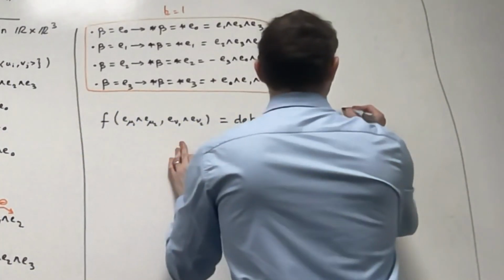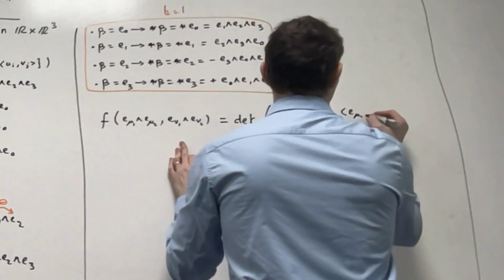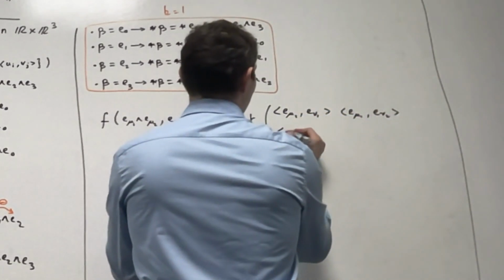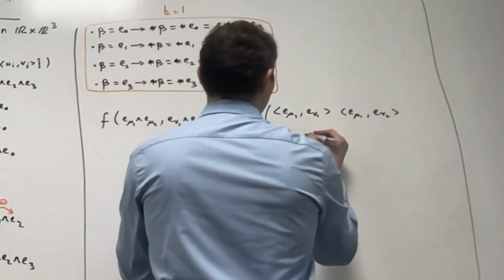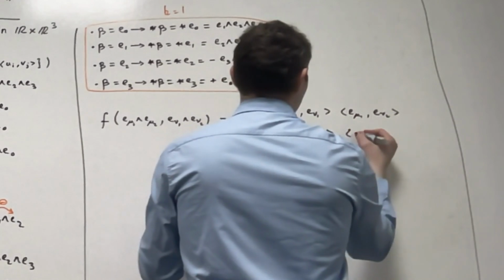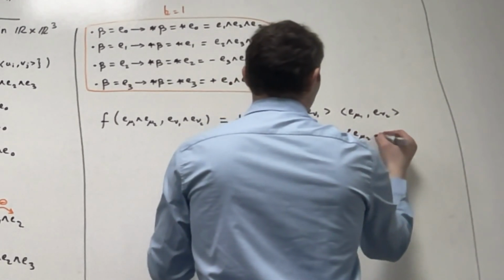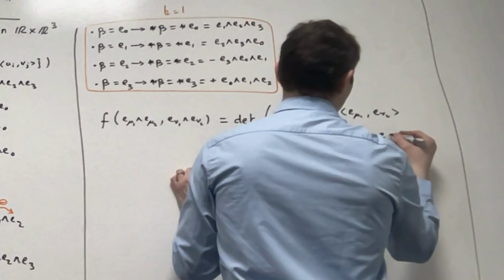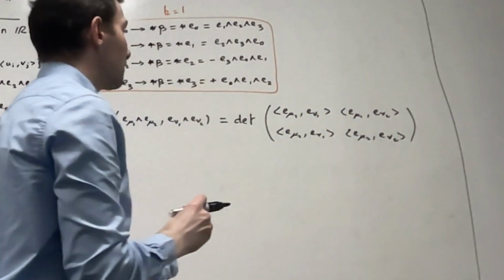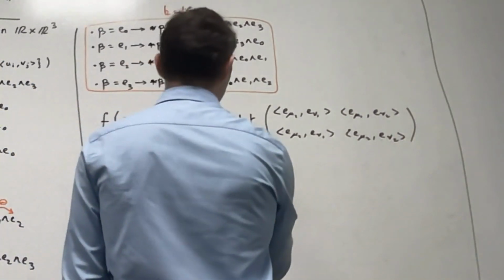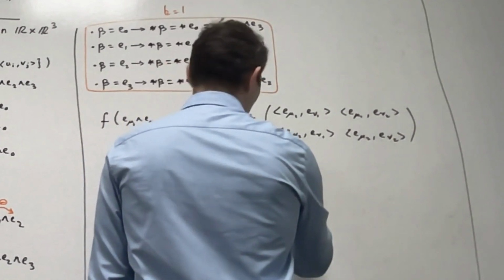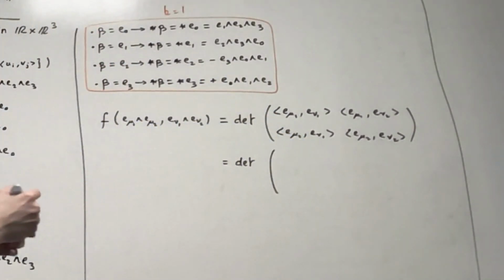Okay, then I'm going to get e mu1, e nu2, and then here I'm getting e mu2, e nu1, and then e mu2, e nu2. Okay, so we want to evaluate the determinant of this, and so what we are going to say is the following. This is still the determinant, and now we need to find out various things.